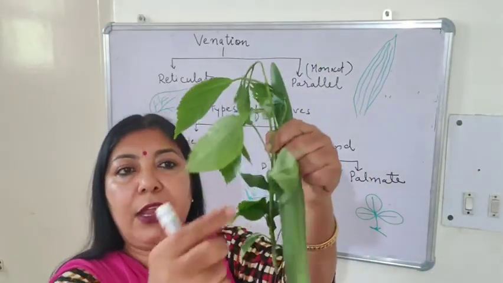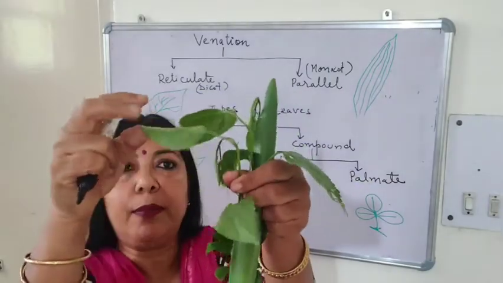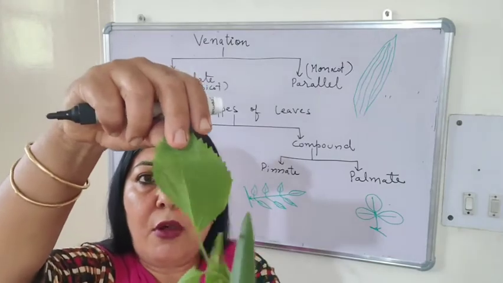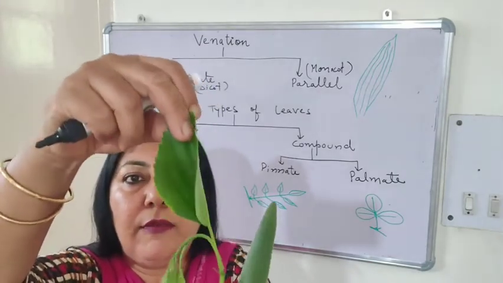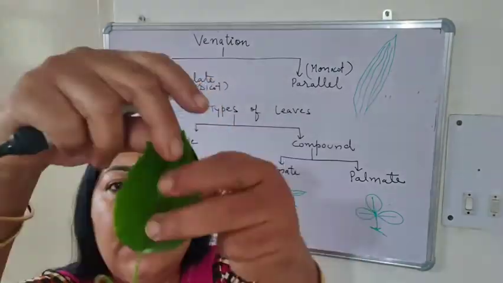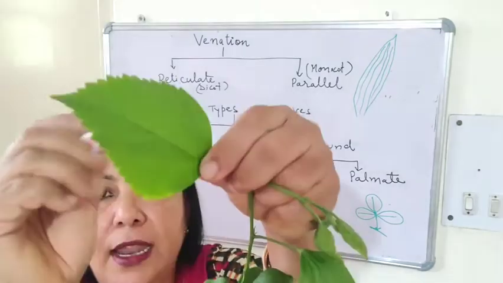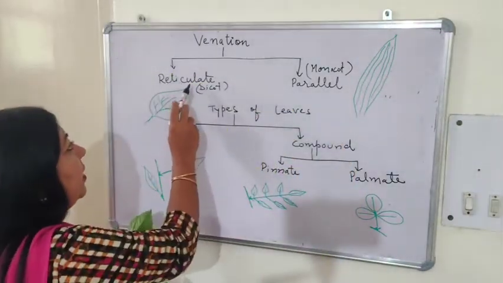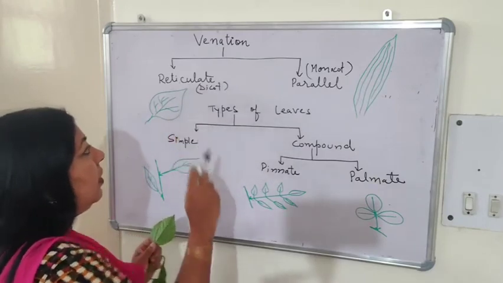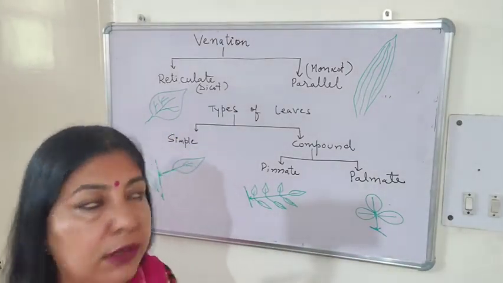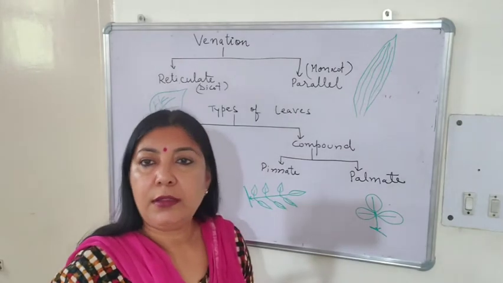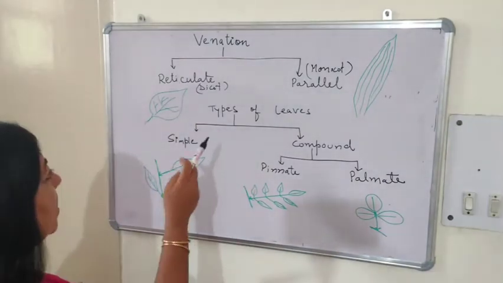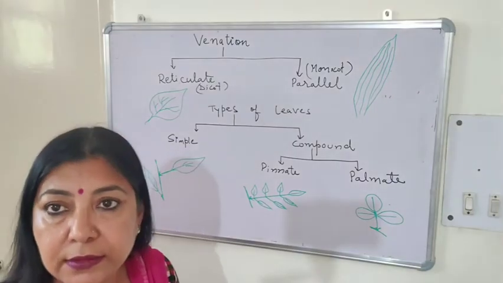Whereas in reticulate venation, the midrib, that is the main vein, is there and all other veins form a network-like structure. That is called reticulate venation. In dicots it is reticulate venation, and in monocots the venation is parallel.